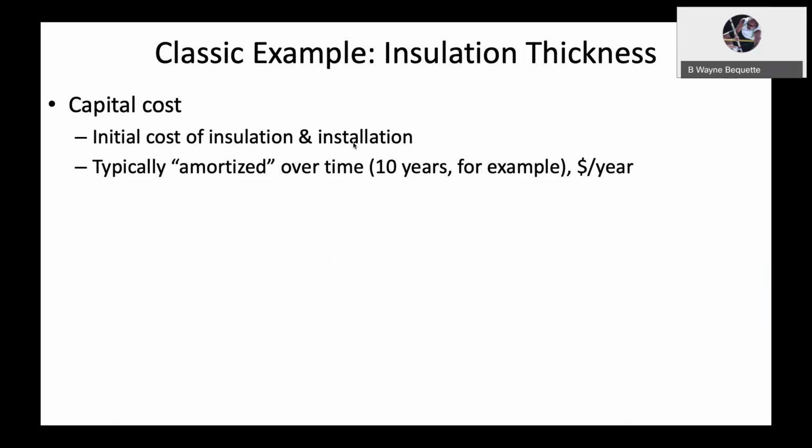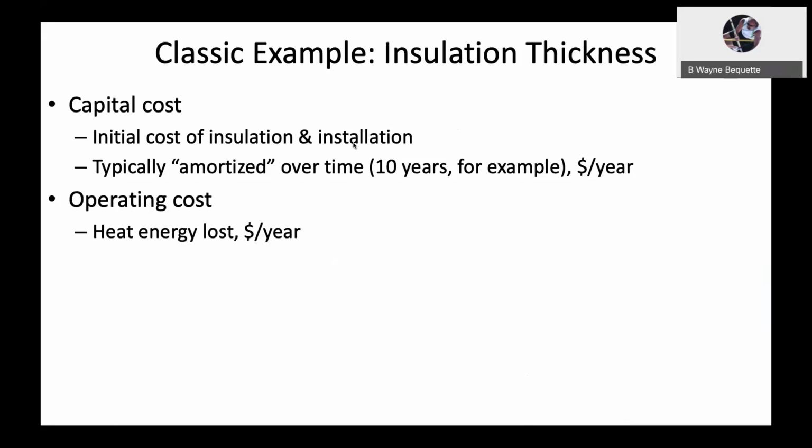Although that's a one-time cost, it's typically amortized over time. You may assume that the insulation is going to last 10 years, for example. When you sum up the installation cost and the capital cost of the insulation, and divide by 10 years in a simple linear example, you'd have dollars per year for that capital cost.